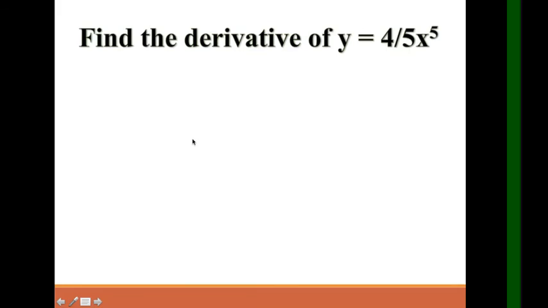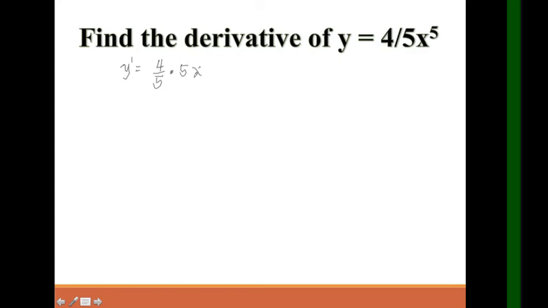Okay, next, another example. So we have y is equal to 4 over 5 x raised to 5. So using the constant rule or constant multiple rule, so we have the derivative of y, 4 over 5, which is our constant, times 5, which is our power rule.